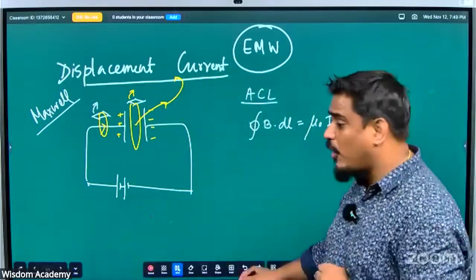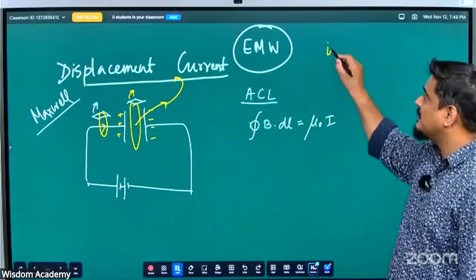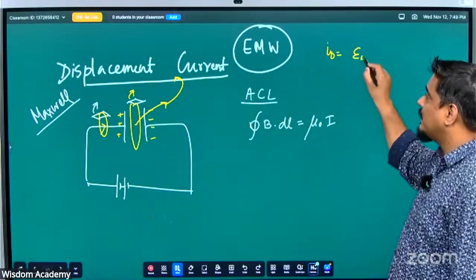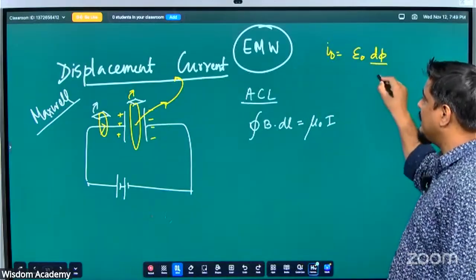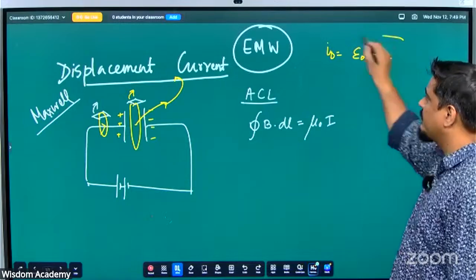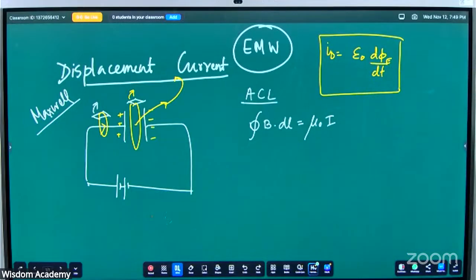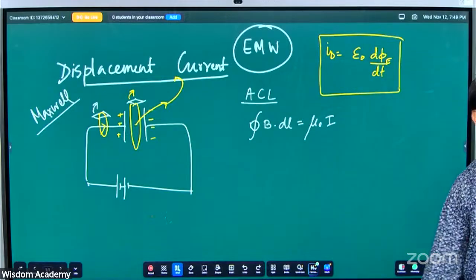So he gave the formula of displacement current. He told that displacement current is equal to epsilon naught into d phi e by dt. Remember this. Displacement current formula is epsilon naught into d phi e by dt, where phi e is electric flux. So whenever electric flux is changing, that will lead to current called as displacement current.